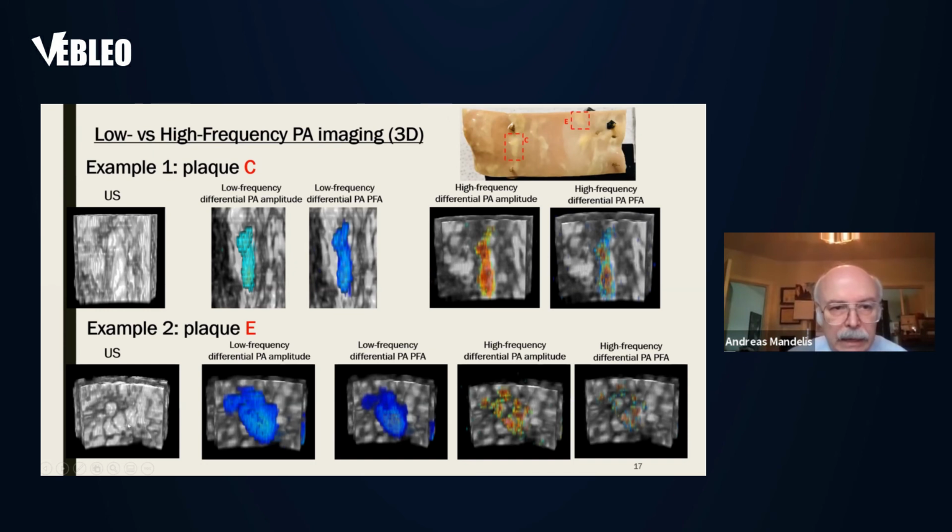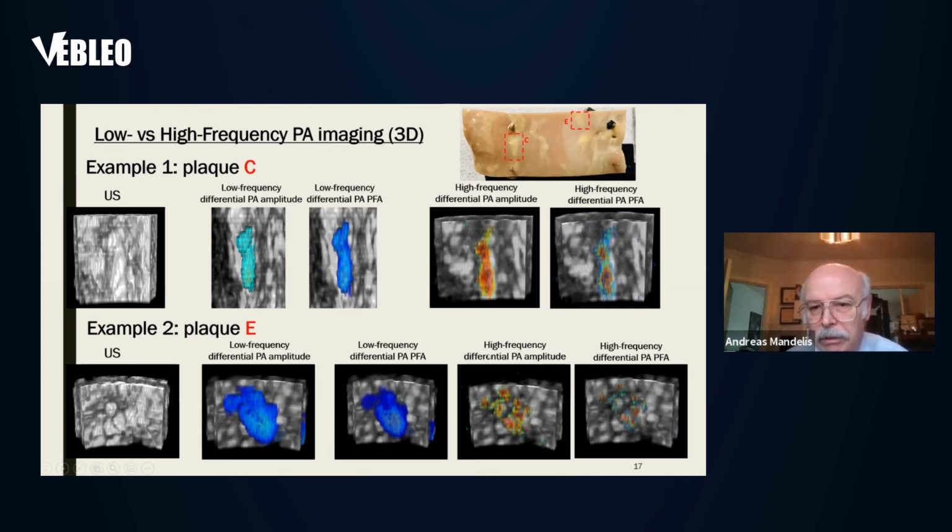So plaque E is the ultrasonic signal. Very little to be seen here. I would not be able to tell that there is a plaque. And then the low frequency differential amplitude, again, once it is filtered by the phase, it makes some difference, but not a whole lot, because in both cases the wavelength is still long enough so that you kind of smear around the adjacent structures.